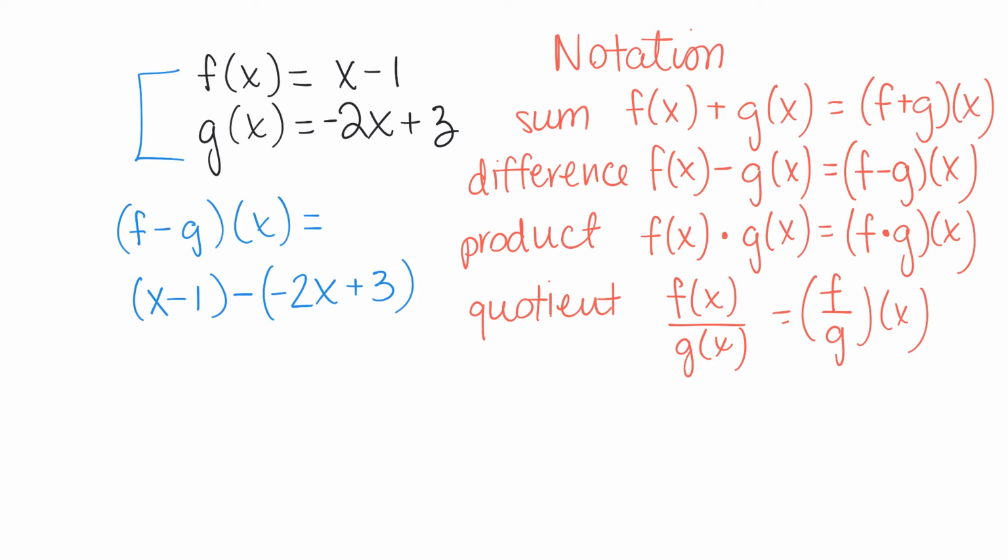So that means when we collect like terms, we're going to have x minus negative 2x. Well, that's the same as having x plus 2x, which is 3x. And then we've got negative 1 minus 3. Negative 1 minus 3 is negative 4. So our answer on that one would, of course, be 3x minus 4.